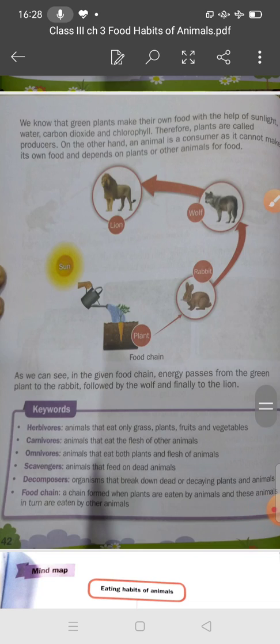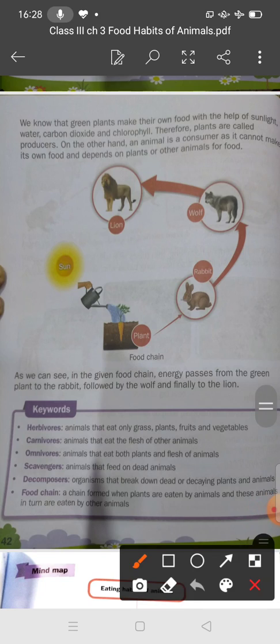A chain formed when plants are eaten by animals, and then these animals in turn are eaten by other animals. For example, plant is eaten by rabbit, rabbit is eaten by wolf, wolf is eaten by lion. This is called a food chain.